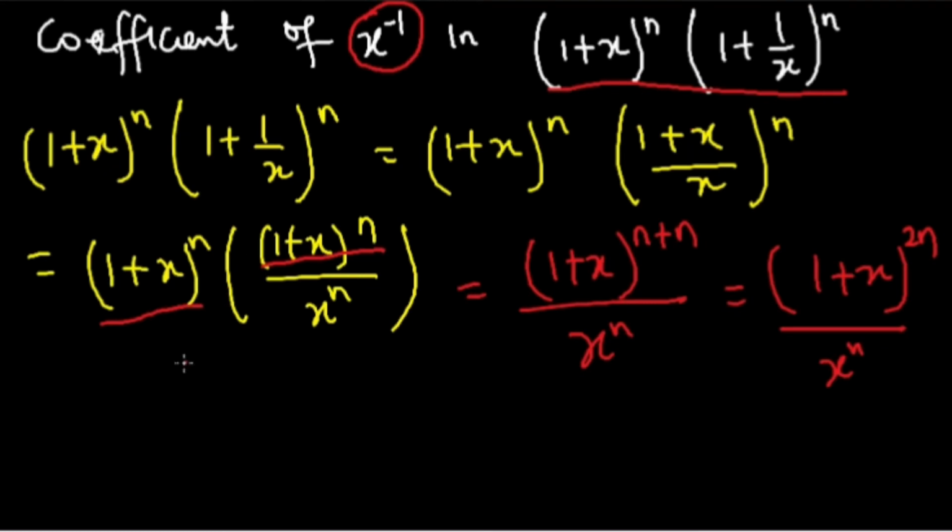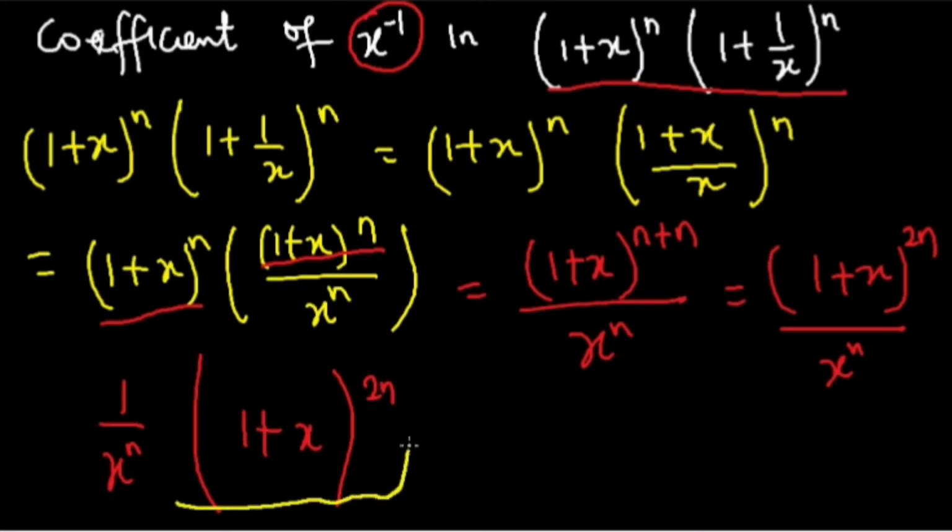So I can still rewrite this as 1 over x^n into brackets (1 + x)^(2n). So I want to open this. Once I give this expansion, I'll be able to know which particular term will give me x raised to the power minus 1.